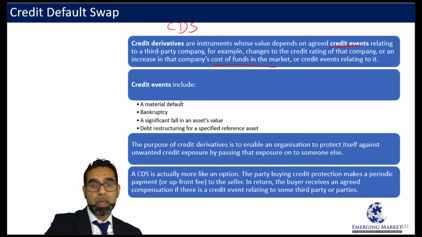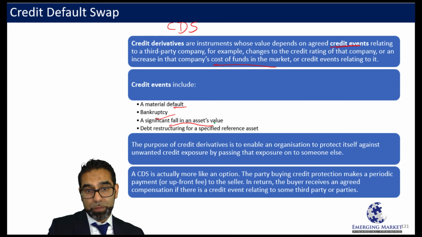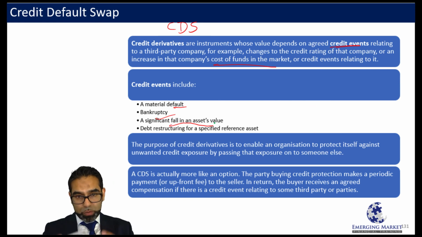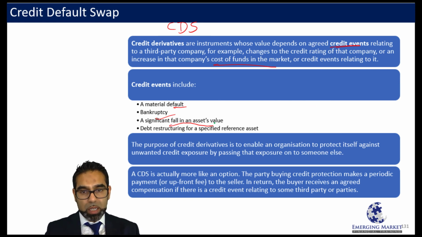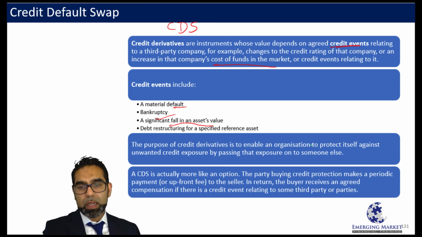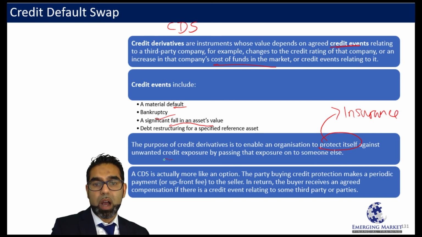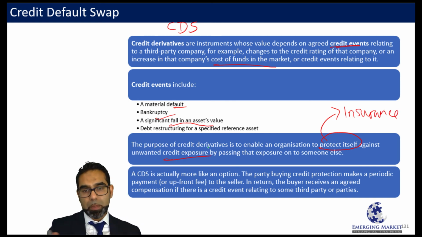So it could be a default, a bankruptcy, a significant fall in the value, a restructure of the debt, in other words, changing the terms of the debt, or maybe the company was taken over and now the terms have changed. The purpose of the credit event is to enable the organization to protect itself, think insurance, against unwanted exposure by passing that on to someone else.